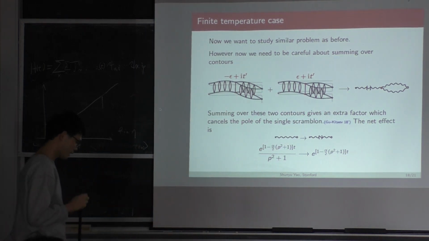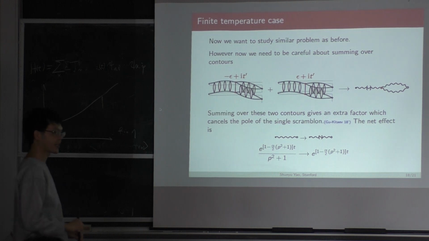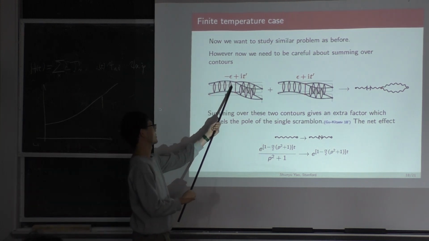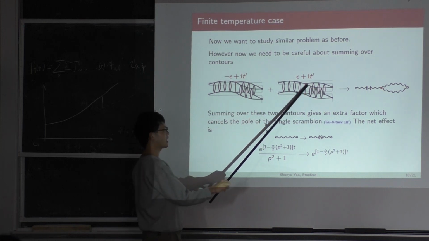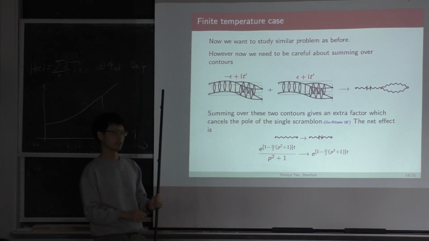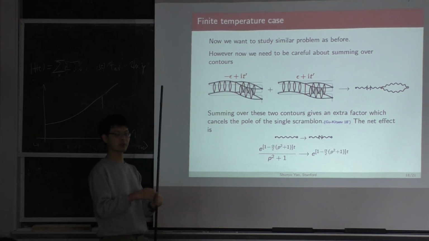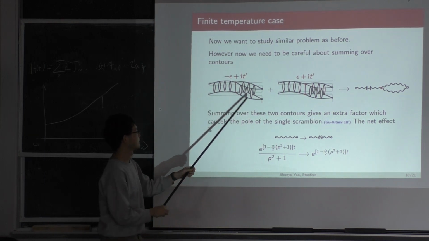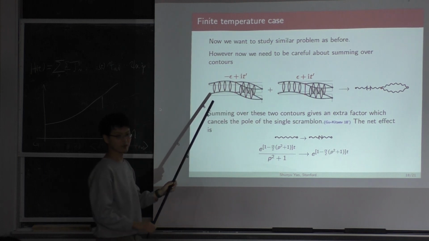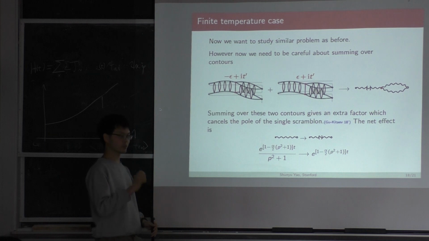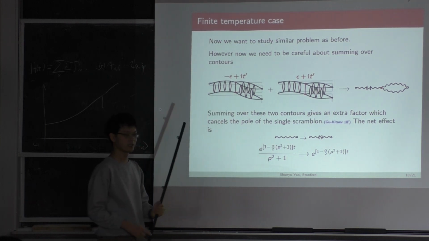And one thing people have to be careful about in the finite temperature case is when you sum over these two contours. Unlike the zero temperature case, for finite temperature you will get a coefficient multiplying the answer from just this diagram. And there is some cancellation between that multiplicative factor and this pole here.